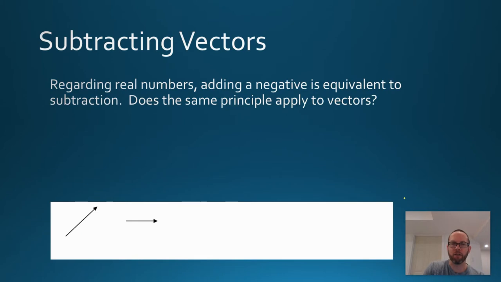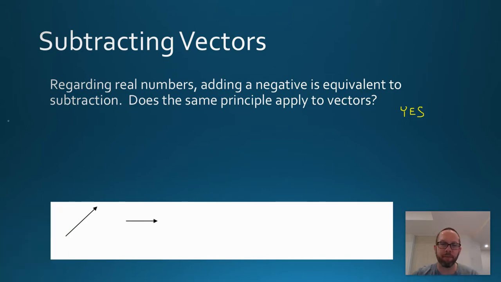We've talked about adding vectors. What about subtracting vectors? So regarding real numbers, one of the first things that you learn when you learn about negative integers, and you do adding, subtracting, is that adding a negative is equivalent to subtracting a positive. Does the same property apply to vectors? And the answer is yes. So in my little diagram down here, I'll switch to something darker.